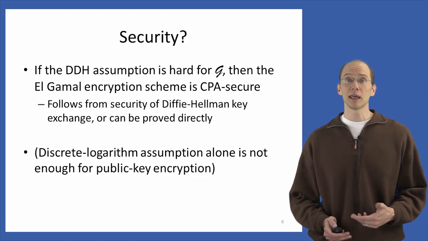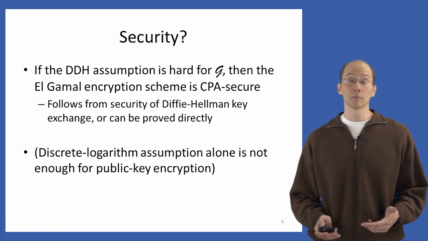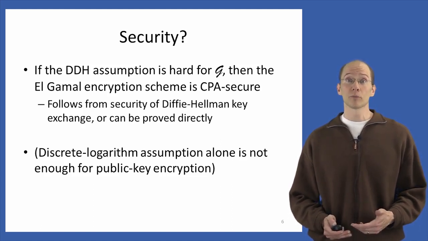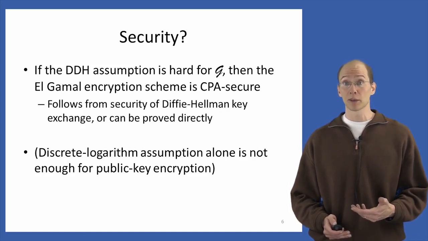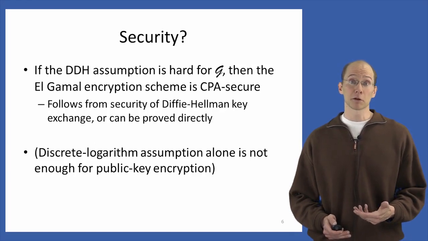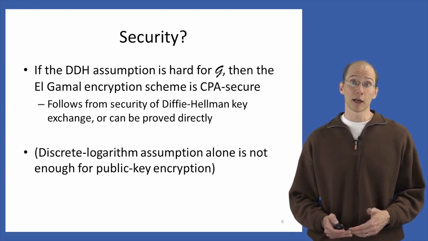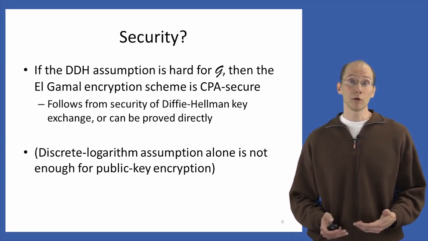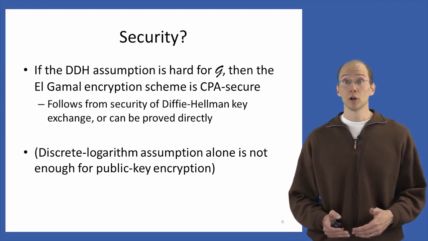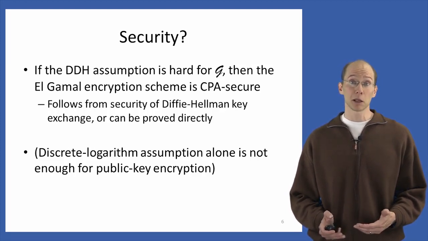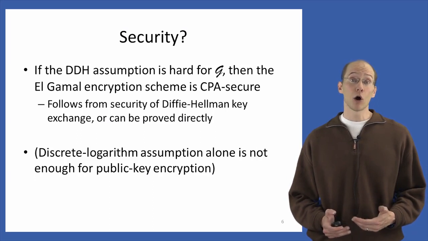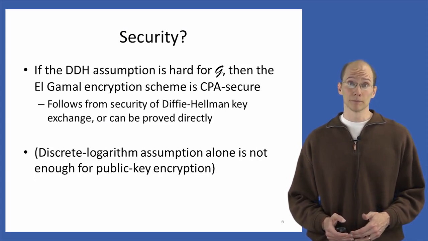Again, because the key that's effectively shared by the two parties is uniform from the point of view of an attacker eavesdropping on the first message of the protocol, that is the public key, and the second message of the protocol, that is the first component of the ciphertext, then when the parties use that key to hide their message by multiplication, that will hide all information about the message m.